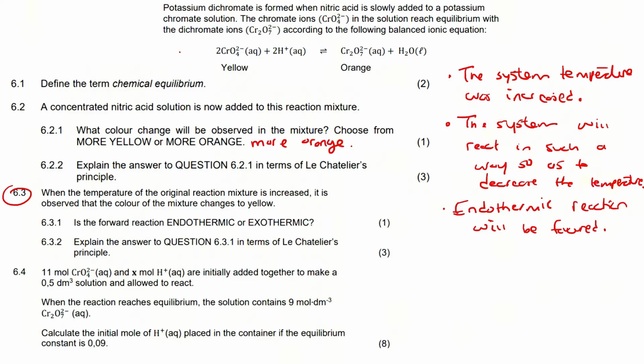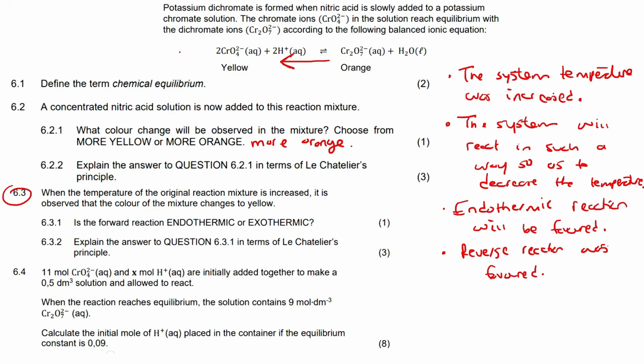So we know that. Now they said that when this system reacted, the color of the mixture changed to yellow. So that means that this reaction was being favored. That's why it became yellow. And so we can say that the reverse reaction was favored. How do we know the reverse reaction was favored? Because they told us that it became more yellow. So that can only happen if the reverse reaction is favored.